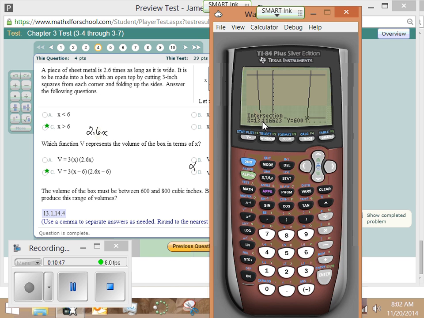So there we get our 13.1. It matches up with that 13.1. And our 14.4. Just be careful when you type your equation in that you type it in correctly.